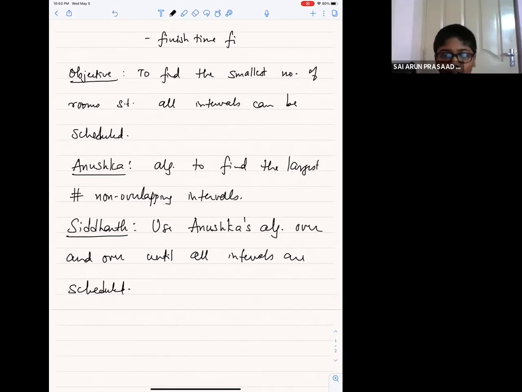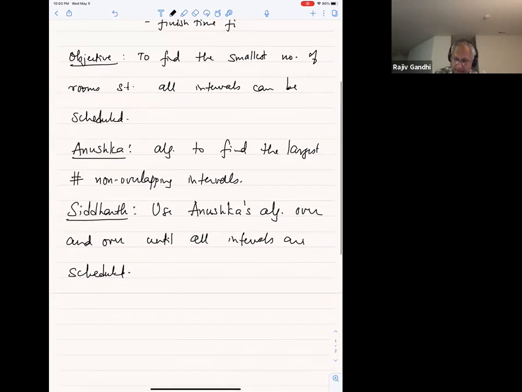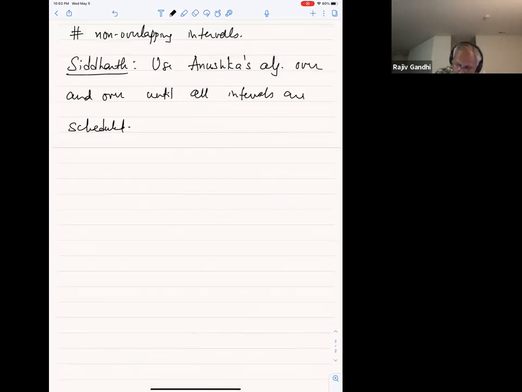I think Siddharth's algorithm won't work because if we have a specific arrangement: 1, then 2 slightly above it, then 3, and then 4 and 5, and we choose 1 according to Anushka's algorithm for finish time. So you are saying that you have a counter example. Let's see. So you have 1.